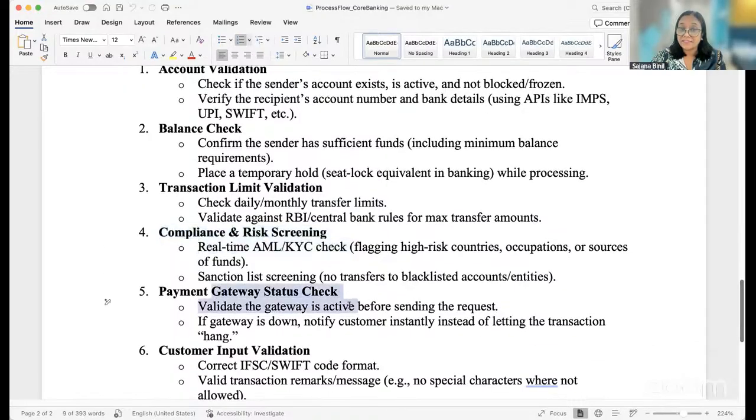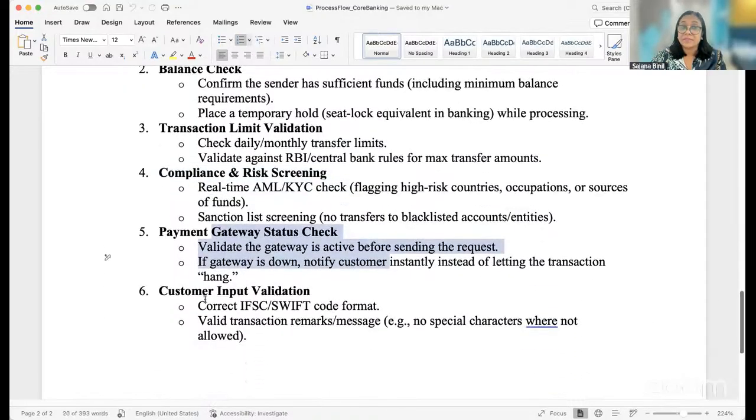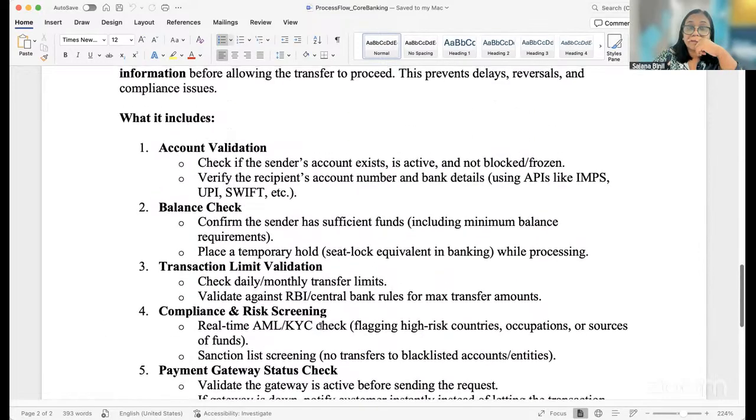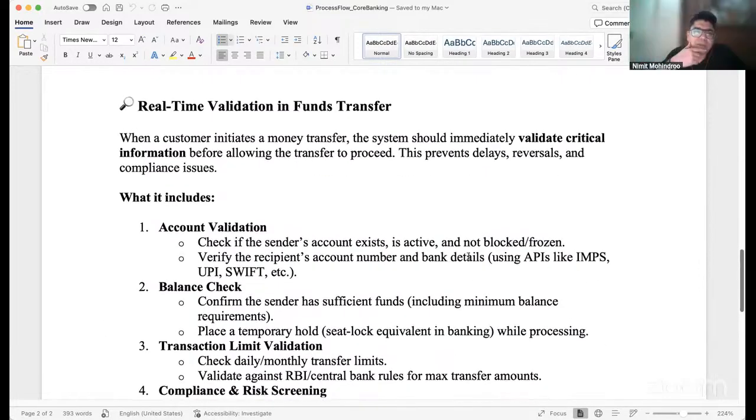Payment gateway status is checked. Customer input validation is done. Everything is checked actually. So I think if it is success, then it settles the funds. And if it fails, then it goes to the compliance.